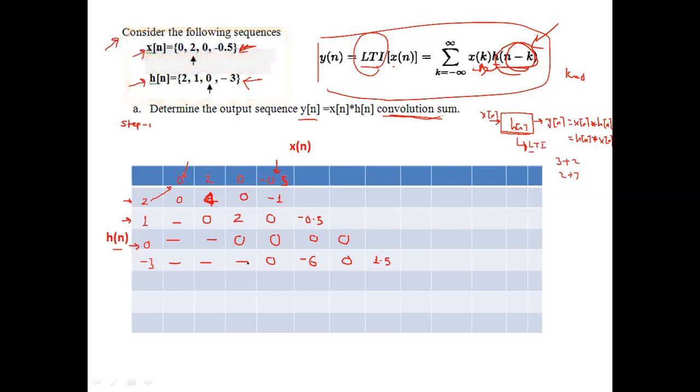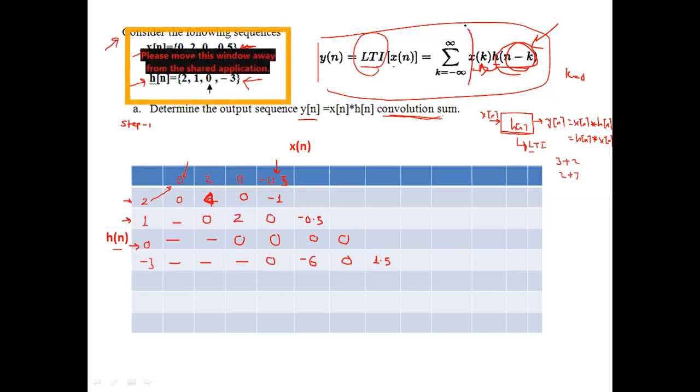Alright, now it's finished. If there is another sample, you have to continue. Shift by 4, shift by 5, and so on. After you complete this, the next step, as in your formula, is to add. Shift, multiply, then finally add the summation in order to get your output.